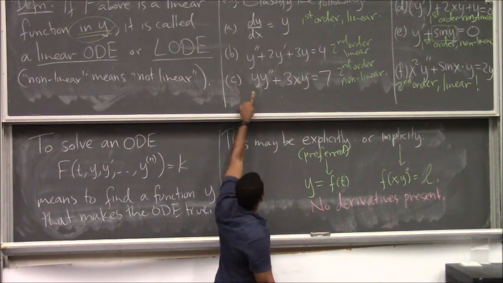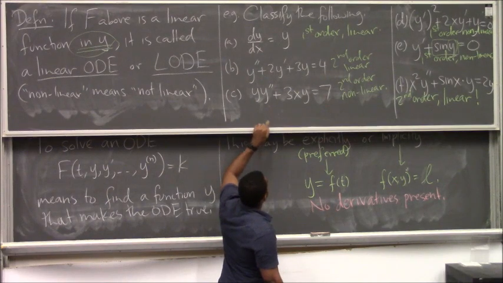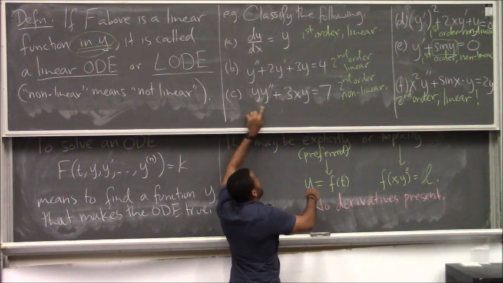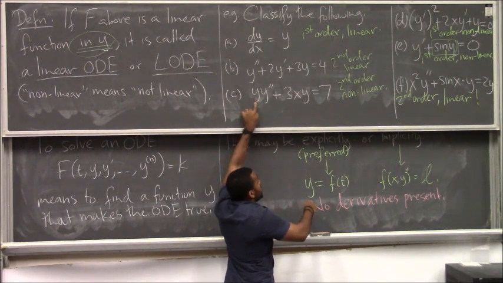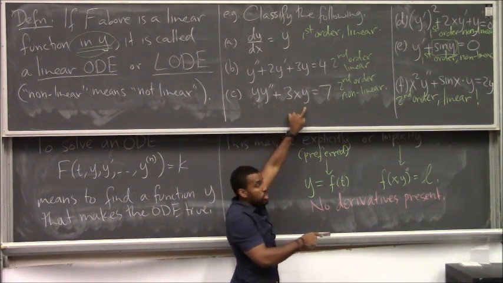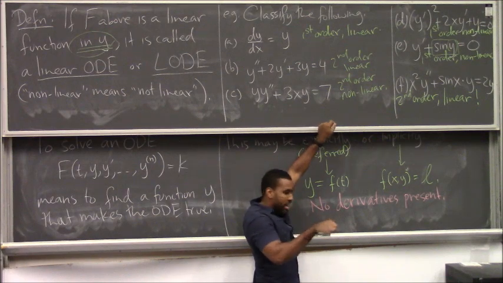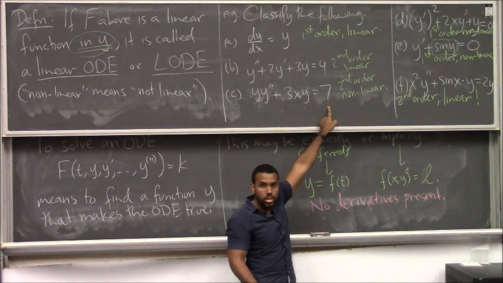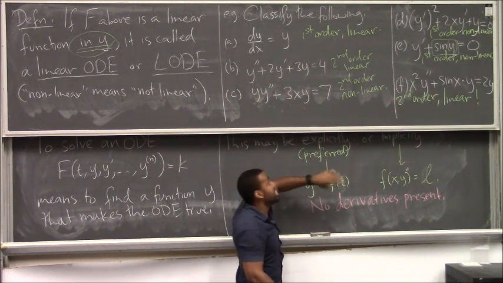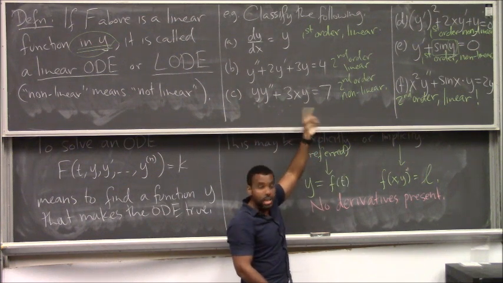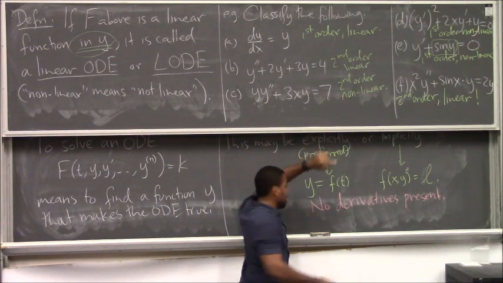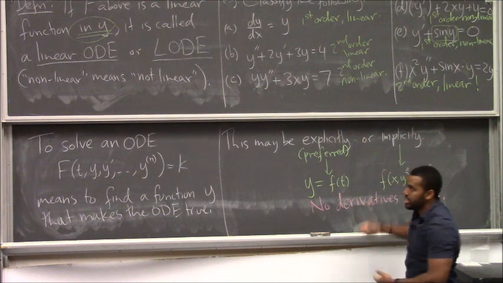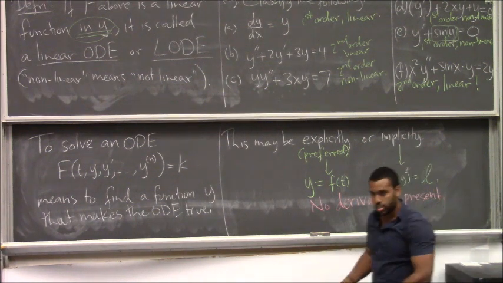So, for example, in C right here, you want to find a function so that if I take its second derivative, multiplied by the original function, plus 3x times the original function, after I calculate and simplify everything, 7 is going to be the answer. You want to find a function that makes this equation true. And once you can do that, we say you've solved the differential equation.